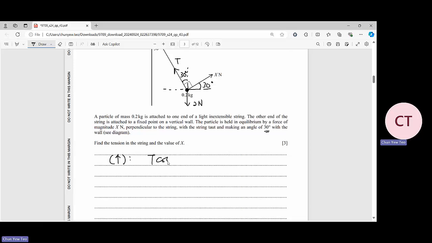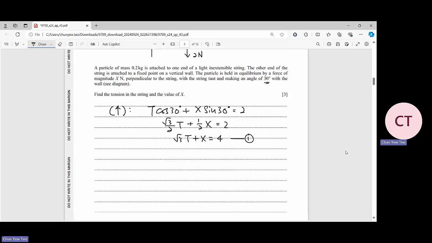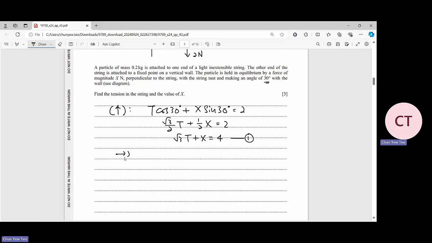You have T cos 30 plus x sin 30 is equal to 2 Newtons. So it will be root 3 over 2 T plus half x is equal to 2. We can make it become root 3 T plus x equals 4. That will be the first equation. Then now I resolve the forces horizontally.